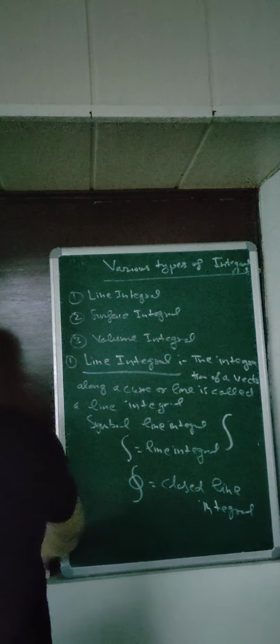Now, let us consider a vector field. Say, for example, this is x-axis, this is y-axis, and this is z-axis, this is origin.